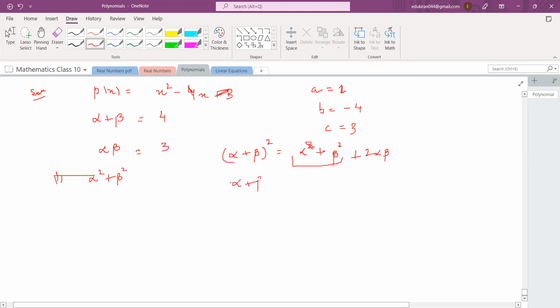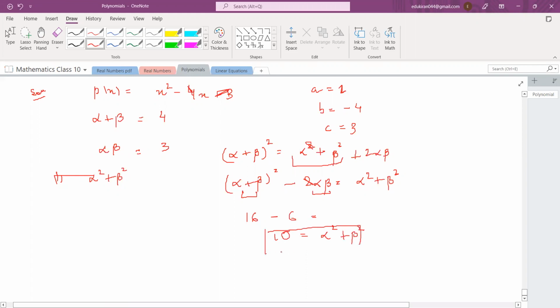So alpha plus beta whole square minus 2 alpha beta will be your alpha square plus beta square. This value you already know, alpha beta you already know, put it here. So 4 square will be 16 minus 2 into 3 is 6 and this will be 10. So 10 will be equal to alpha square plus beta square, right?